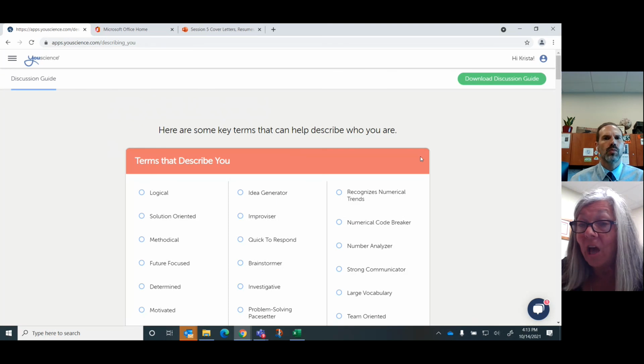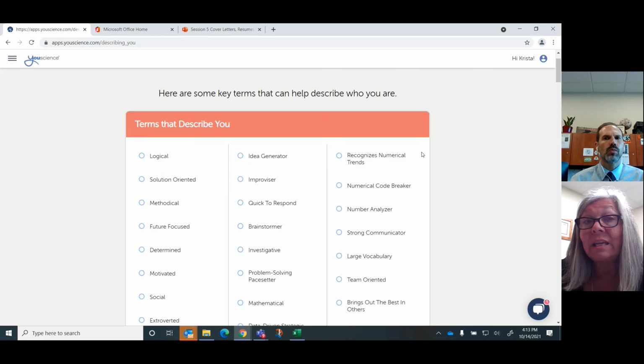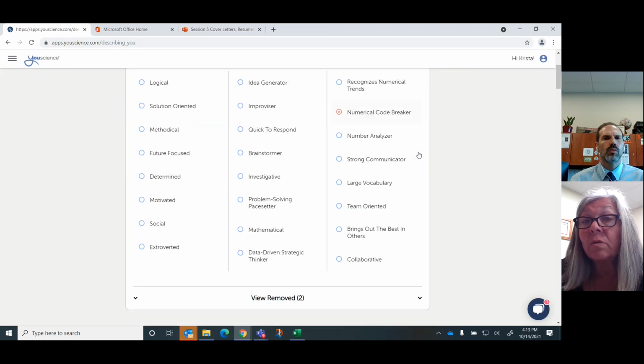So as I'm writing a cover letter, or I'm working on a resume, or I'm thinking about an interview, here are some words that I can use that will describe who I am. I'm a data-driven strategic thinker. I am a collaborative working person. I analyze numbers. Some different key terms that will help me as I'm writing those letters and those resumes.